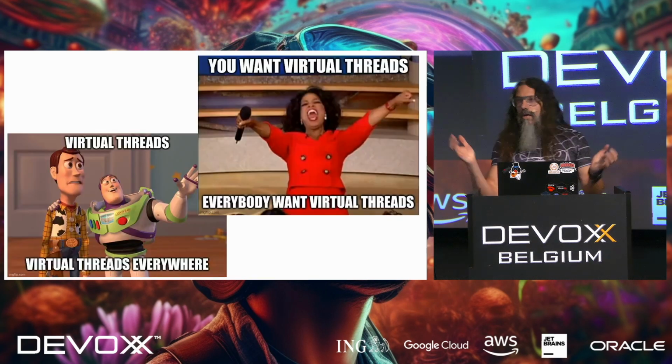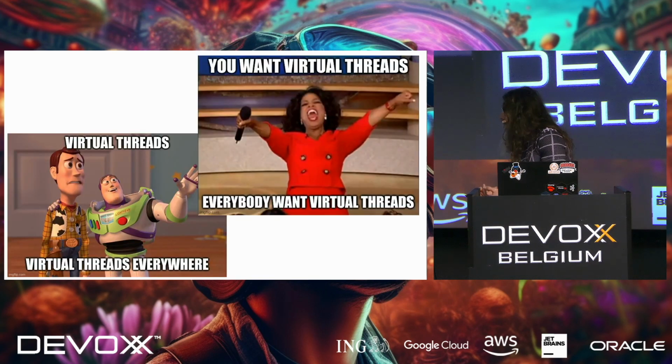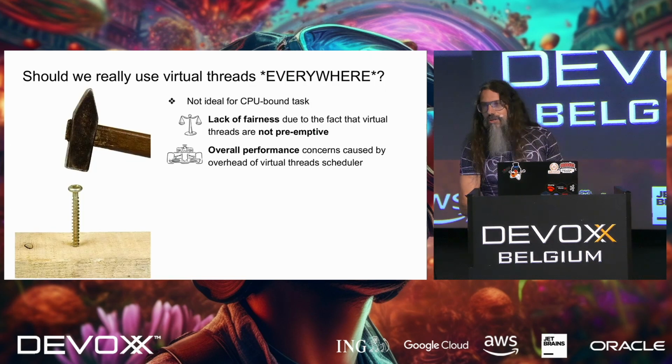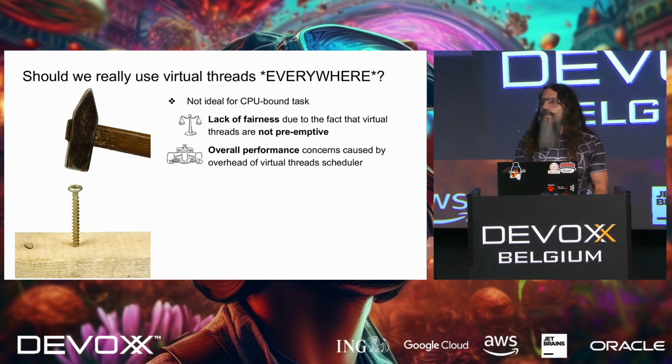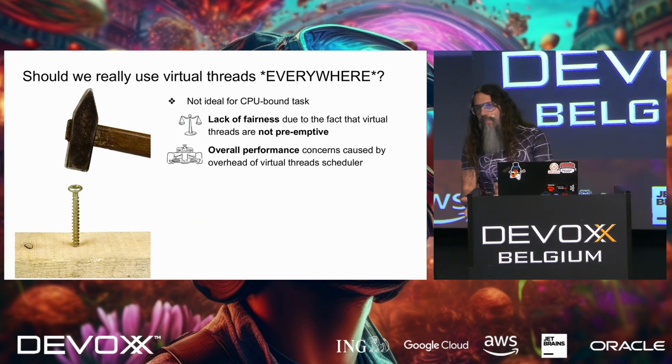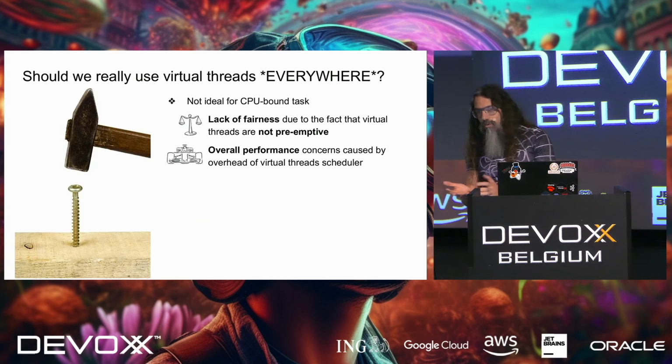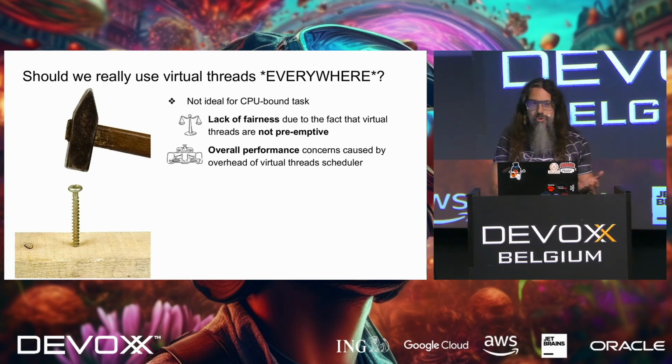So these are all the cool things that virtual threads can do, and so everybody loves them, and let's start using virtual threads everywhere, right? Yeah, in reality, it's not that simple. Virtual threads are a tool, and the purpose of this talk is also showing their limitations, what they are good for and what they are not so good for.